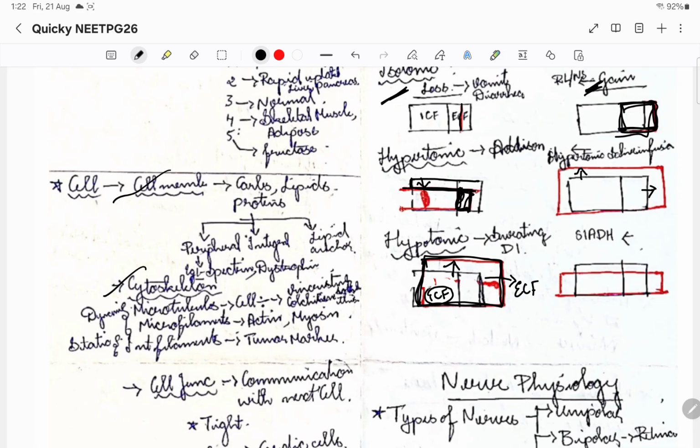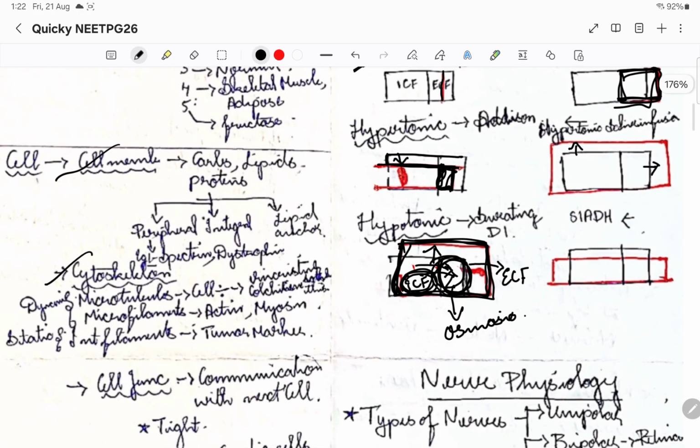From the ICF, the fluid will start shifting towards the ECF, because the salt concentration is more here. You know osmosis, right? Osmosis means wherever the salt is, the water will follow there. Now that the fluid has been lost from the ECF, the volume from the ICF will move towards the ECF, because more salt is there compared to the ICF. So that is why the fluid volume will increase with respect to the ECF.